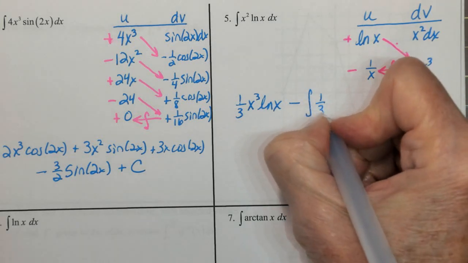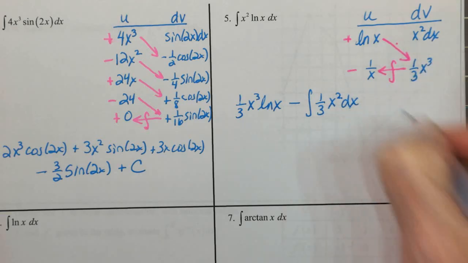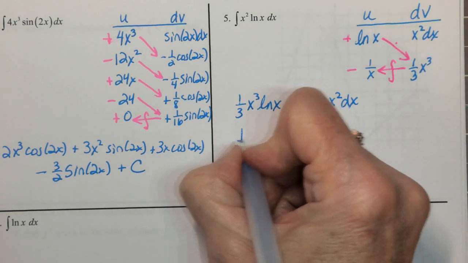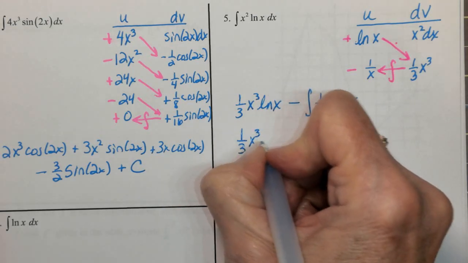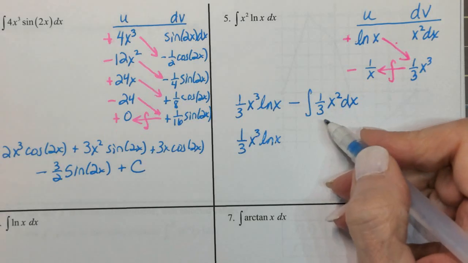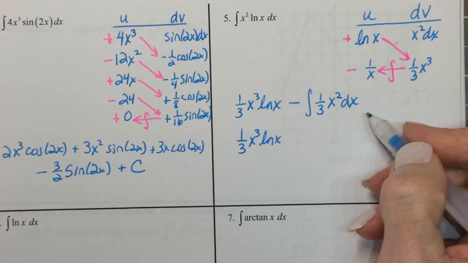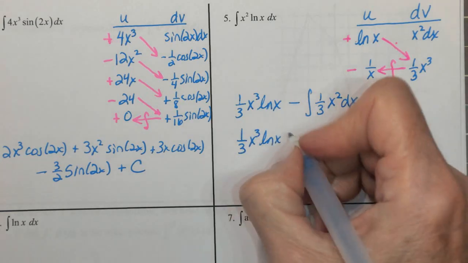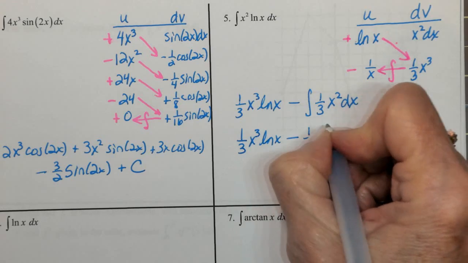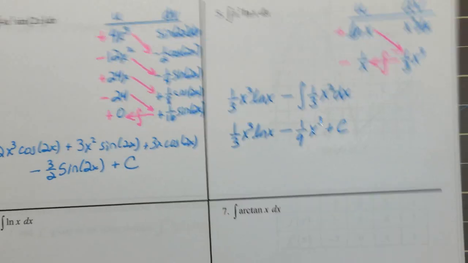The product is 1/3 x squared, which we know how to integrate. When you're done with that step, you guys, chances are you won't do by parts on that step. So we have a minus 1/9 x cubed plus c. And we're done.